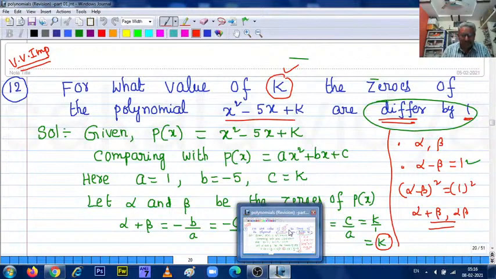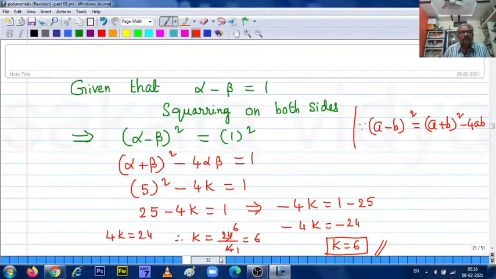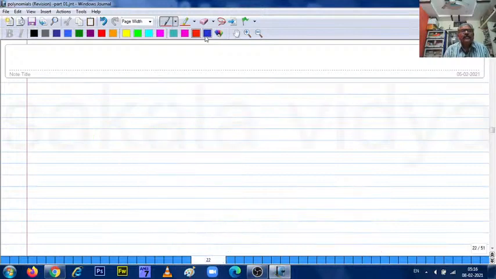13th problem. First let me write the 13th problem.